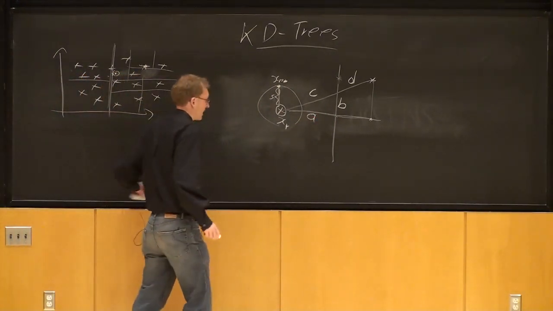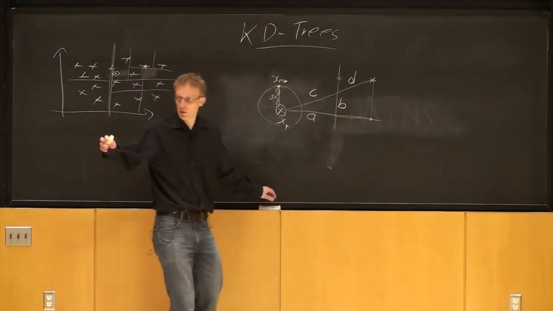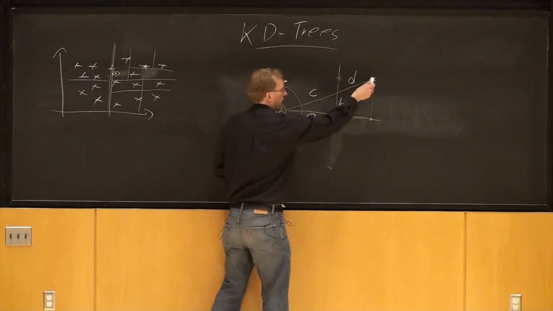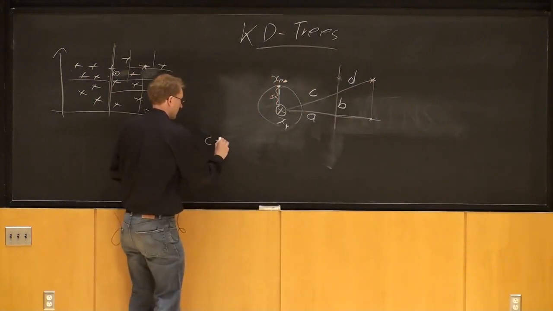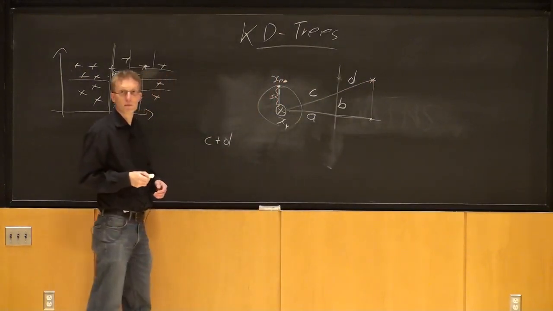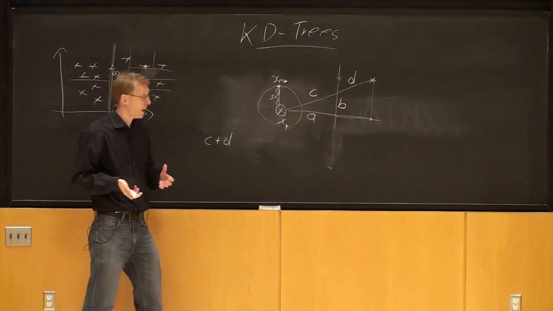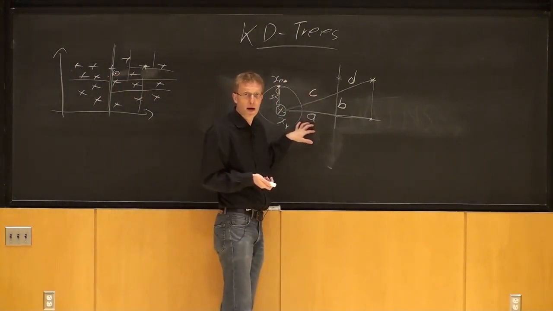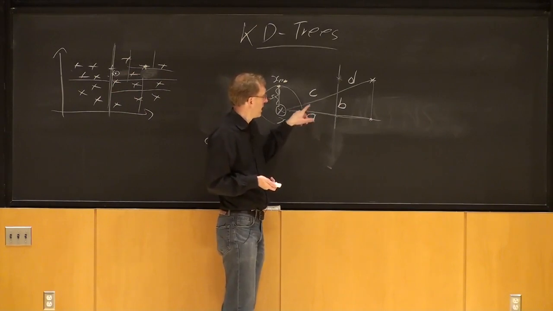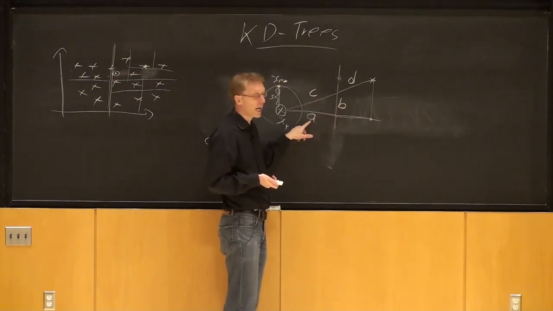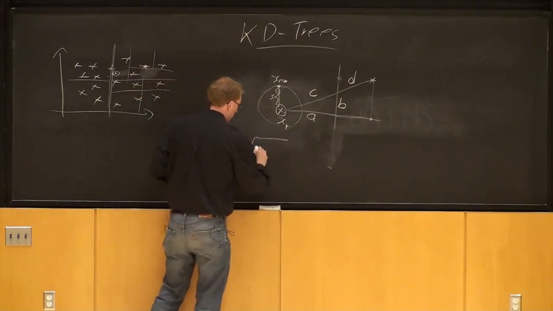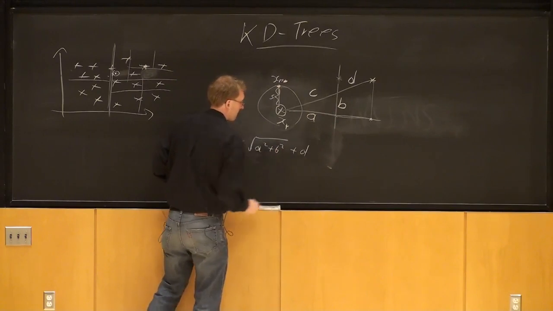Let me just do one that's even simpler with the notation that I drew here, but you're definitely right. Basically the distance from xt to this point here is c plus d. Now, I claim this theorem by this guy, I don't know if you heard of him, Pythagoras: c squared equals a squared plus b squared. So c equals the square root of a squared plus b squared. And then we have d.